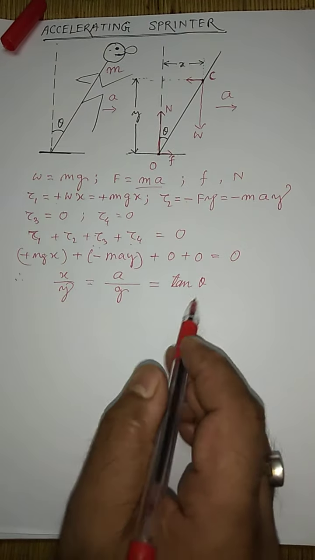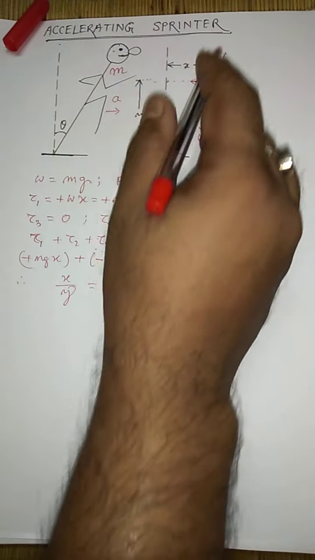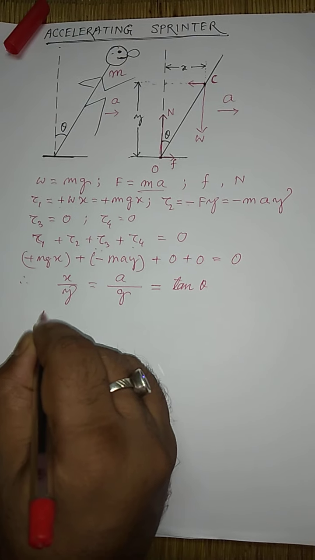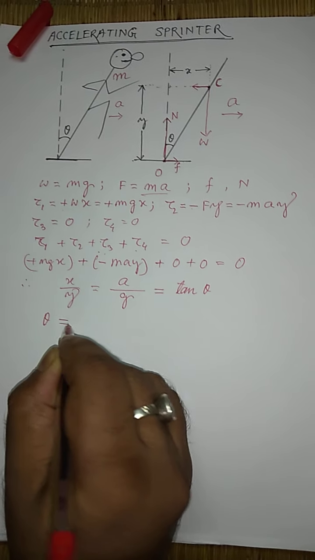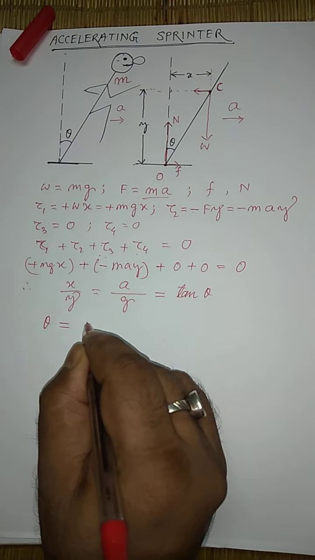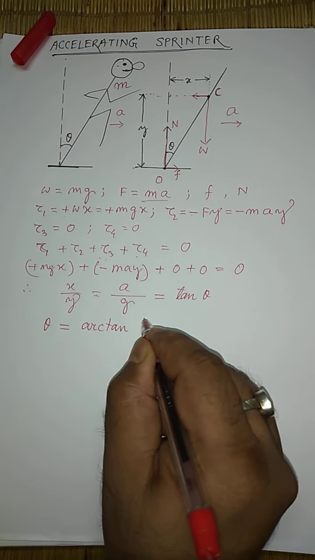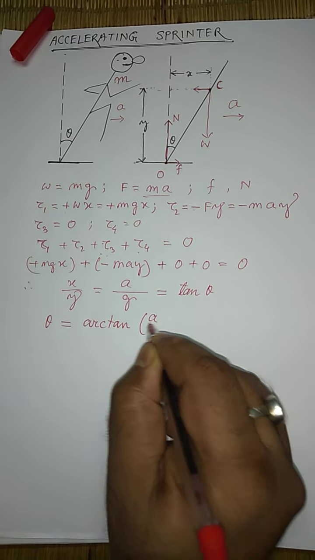And finally we get the expression for the angle that the sprinter makes with the vertical, and it's given by theta is equal to arctan a by g.